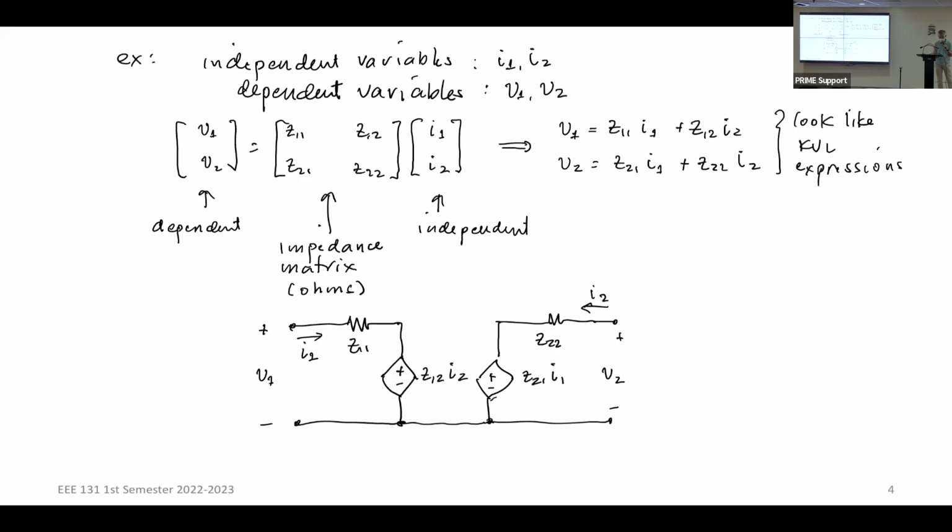So these are connected. This is the reference for V1 and V2. So this is now your two-port model, where you have 4 elements inside the model. Again, you call this your impedance parameter. So it depends on what your independent variables are and what your dependent variables are.